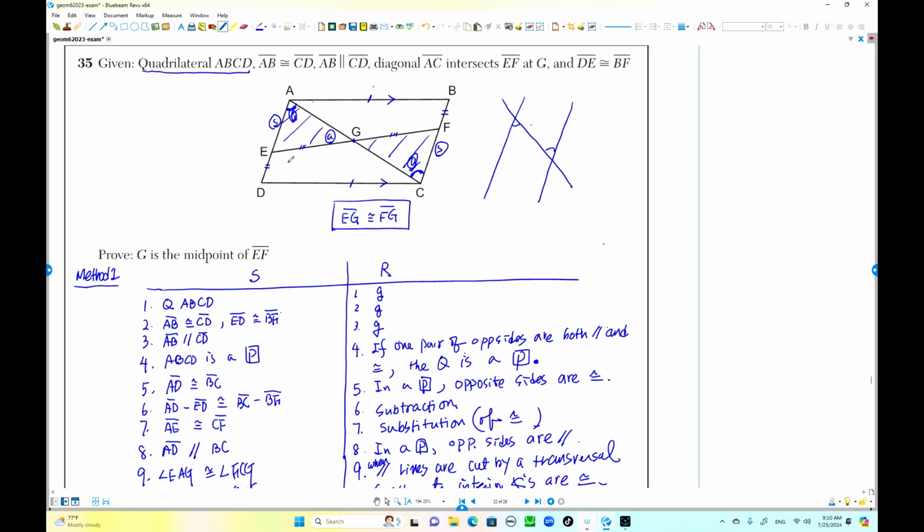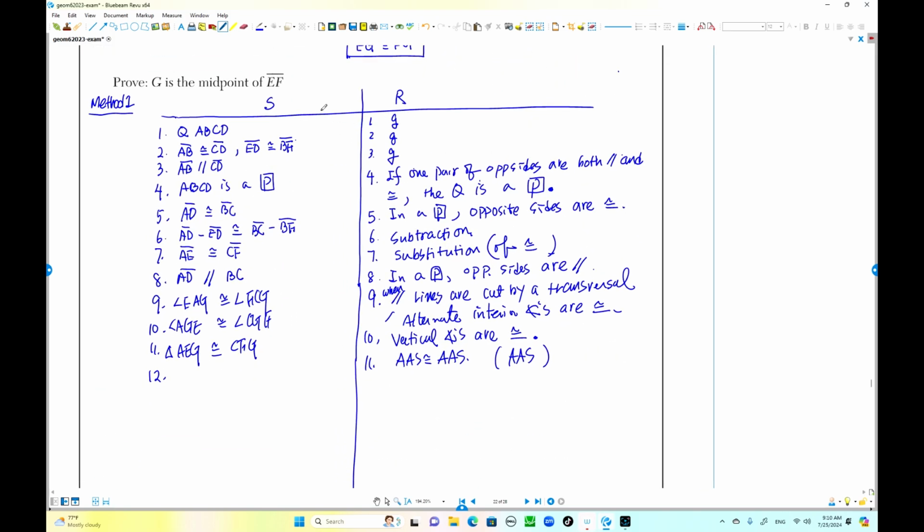From here, corresponding sides: EG and FG are congruent. So EG is congruent to FG. The reason: corresponding sides of congruent triangles are congruent.